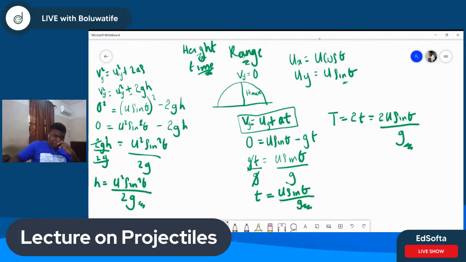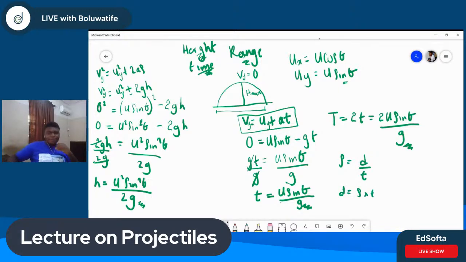When we say range, we're talking about the horizontal distance. Remember this formula: speed equals distance over time. If I make distance the subject, I have distance equals speed times time.